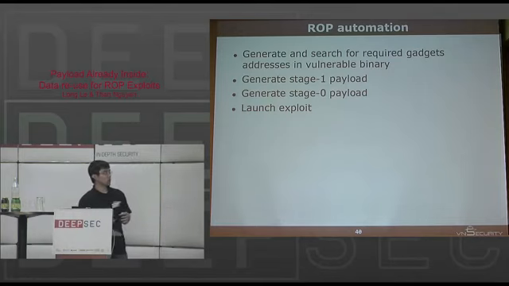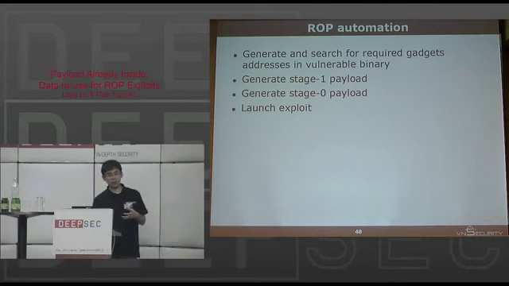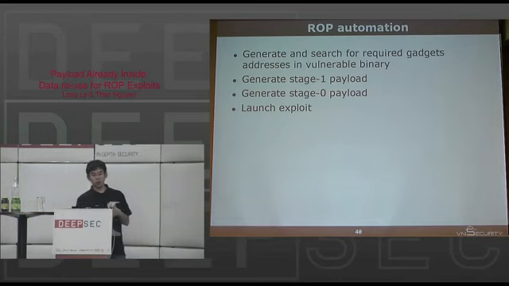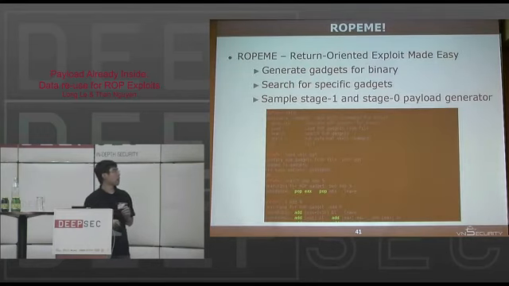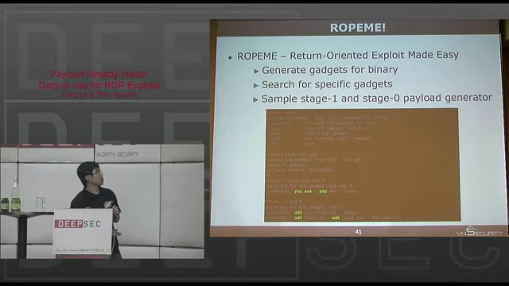So we're trying to have a tool that can help search for the required gadgets, help you generate the stage 1 payload, help you generate the stage 0 payload, and launch the exploit. We call it return-oriented exploit made easy.